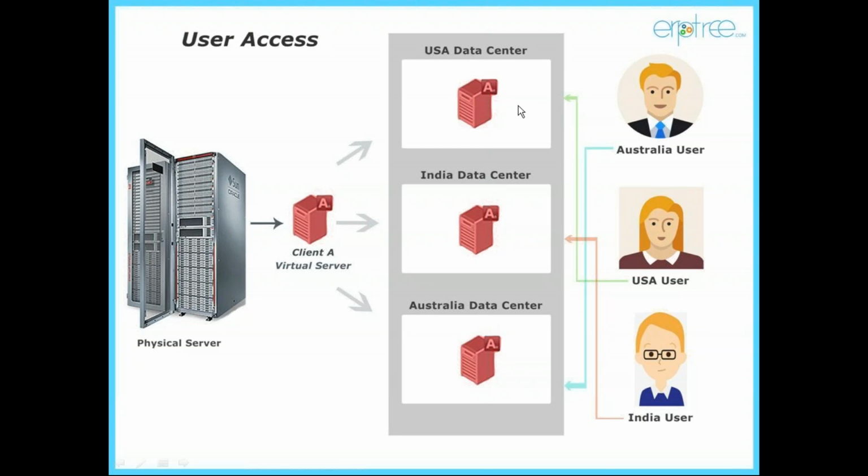So the next time, from the second time onwards, when US users try to connect, the connectivity would be established to this data center only. They no longer need to establish connectivity with the other virtual server which was created as the primary one. So based on usage, in the nearest data center Oracle will create the caching, so that it is easy for the users when they connect next time.